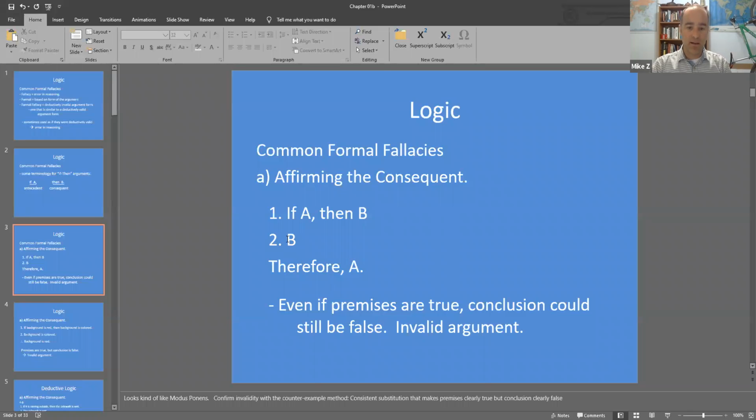So instead of concluding that B must be true, instead it concludes that A must be true. And so that's going to turn out to be an invalid argument form, as we'll see when we look at an example. But it's sort of a tricky one that we need to point out because it does look so much like modus ponens. And as we look at some of the examples, they seem very persuasive. You know, we might think that they're deductively valid, but it turns out that they're not.